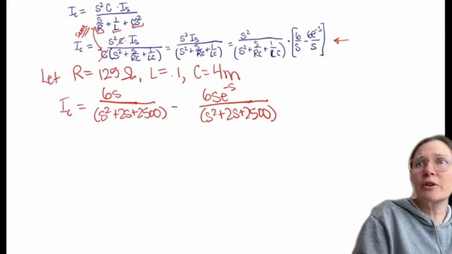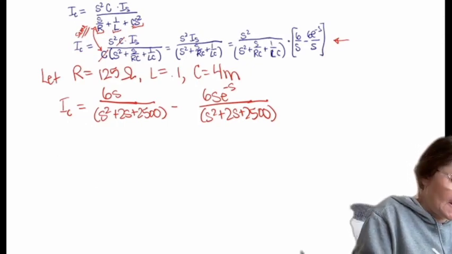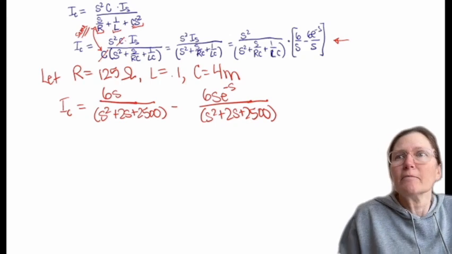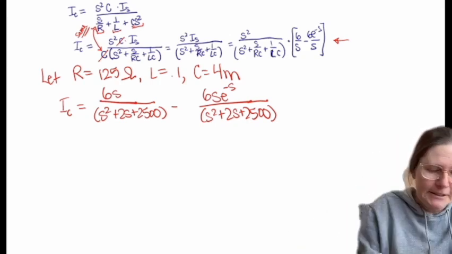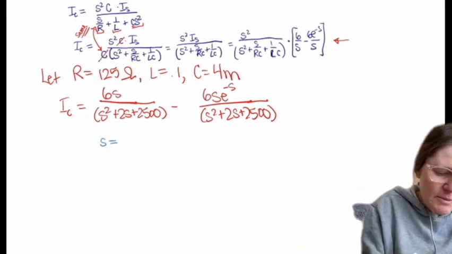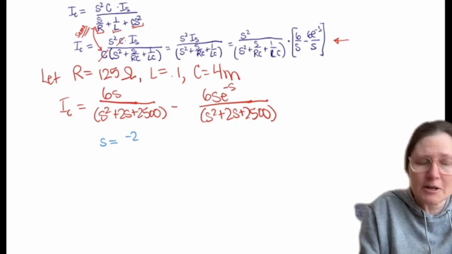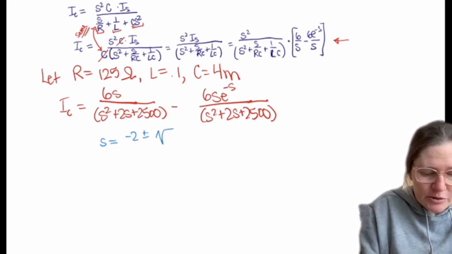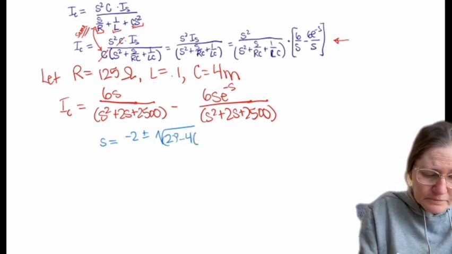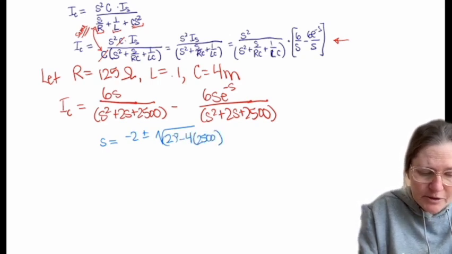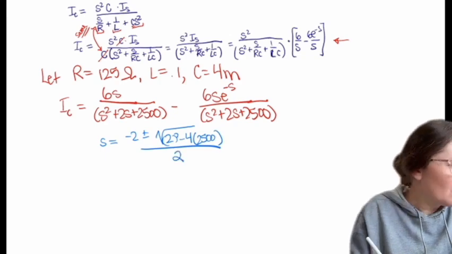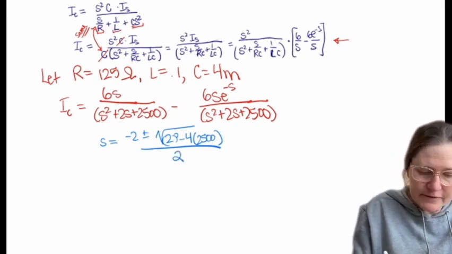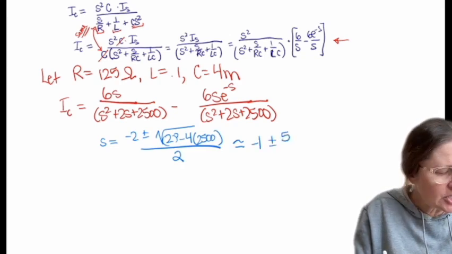Solving for the roots of those, if you remember, s will equal minus b, so minus 2 plus or minus the square root of 2 squared minus 4AC, which is 2500, over 2. That gives approximately minus 1 plus or minus 50j.